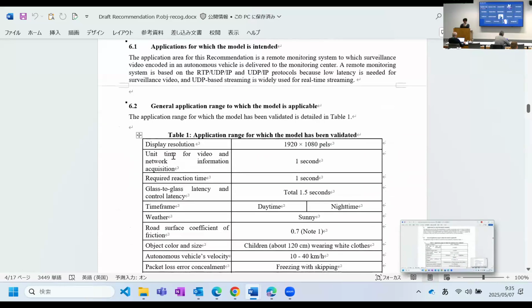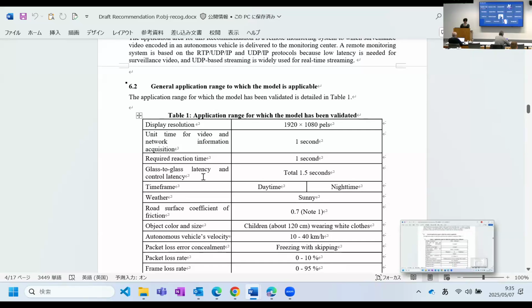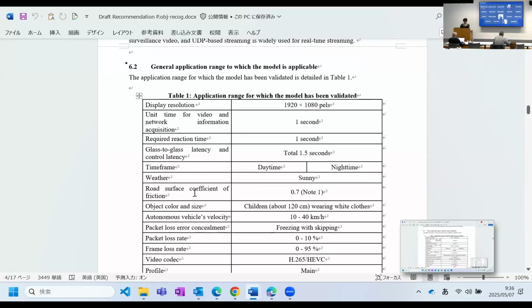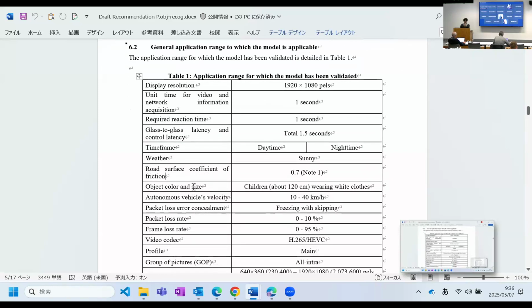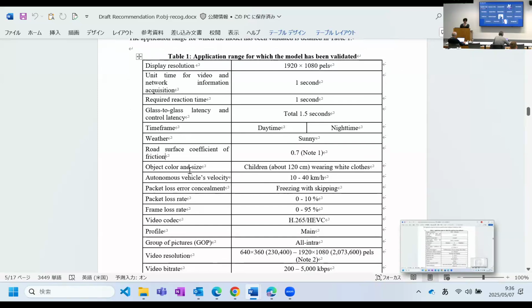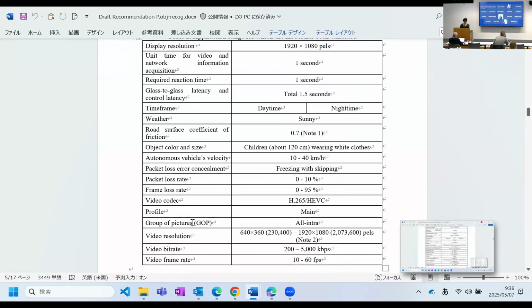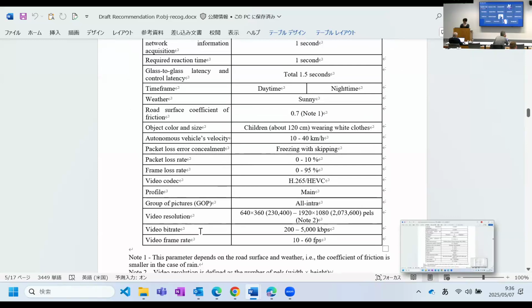Table 1 shows the display resolution and unit time for video and network information acquisition, required reaction time, glass-to-glass latency and control latency, time frame, daytime and nighttime, weather, road surface coefficient of friction, object color and size, autonomous vehicle velocity, packet loss concealment, packet loss rate and frame loss rate, video codec, profile, group of pictures, and video resolution, bitrate, and frame rate. These are the parameters for which the model has been validated.